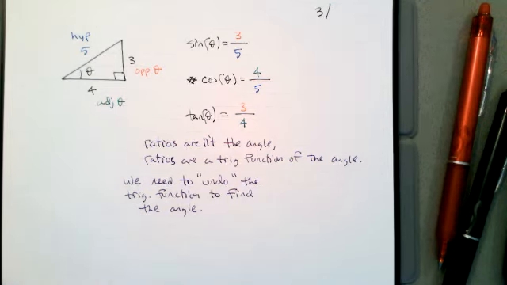So the sine of theta is 3/5. I've got to figure out what angle theta would have a sine of 3/5. So the sine of what angle is 3/5? To do that, we're going to need a calculating machine. And we're trying to undo the sine function, and to undo a function, we use the inverse function.